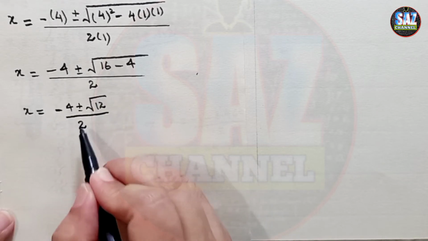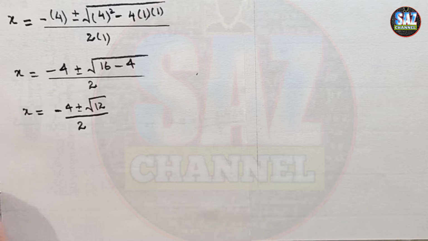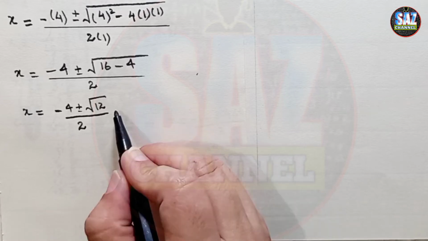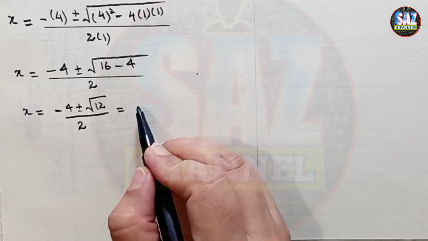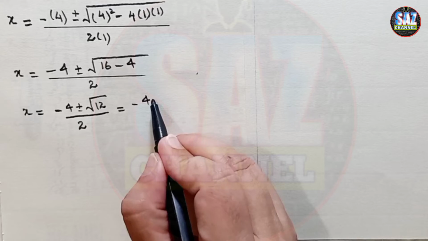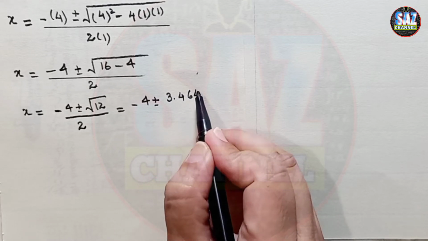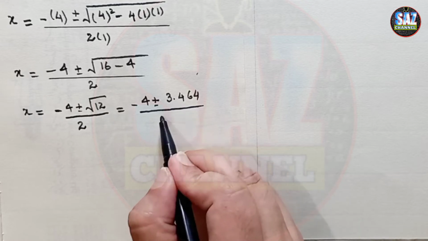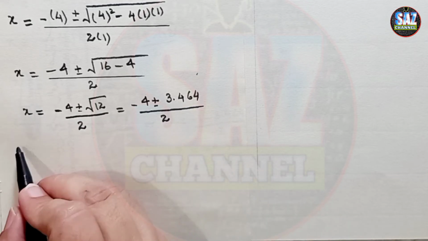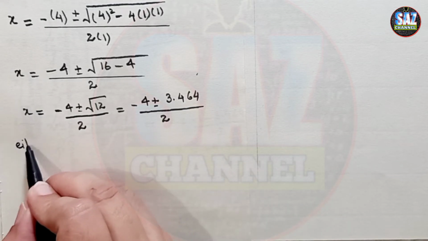Now we have to find the value of square root 12. Square root 12 is 3.464. So this equation takes the form minus 4 plus minus 3.464 by 2. After that we go for either condition.